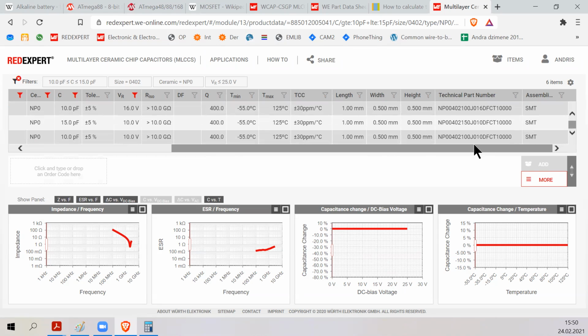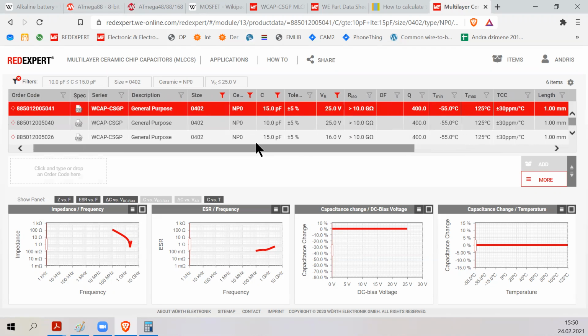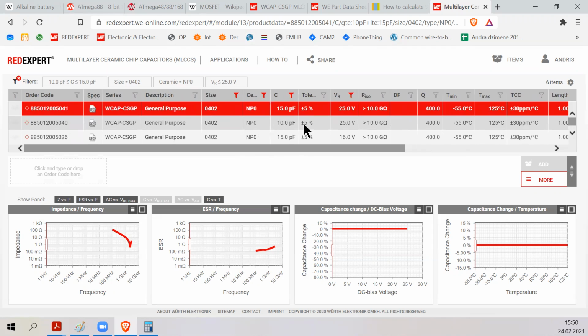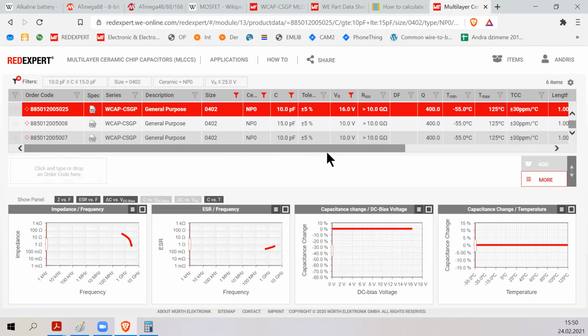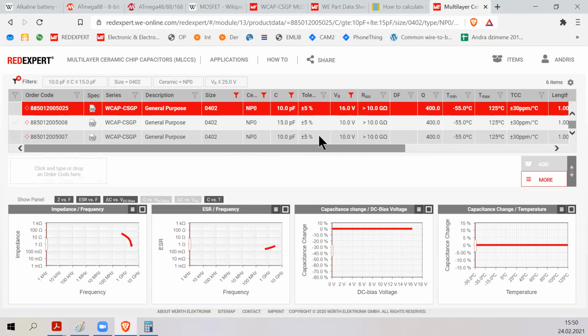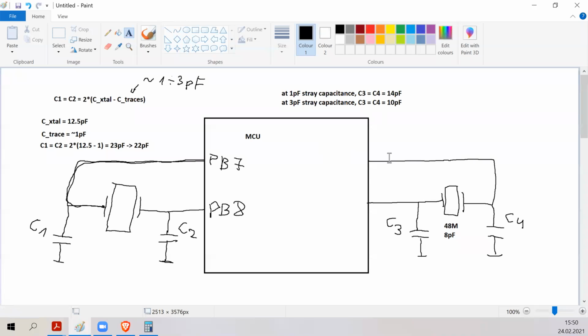They all seem like totally the same. Oh, just the voltage difference. And 10 or 15. So I would use, for example, a 10 picofarad capacitor at, for example, 10 volts. So this part number would be the one that I would use.